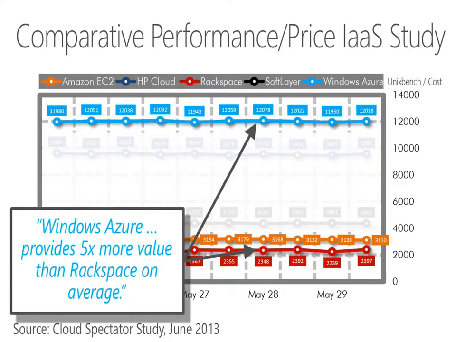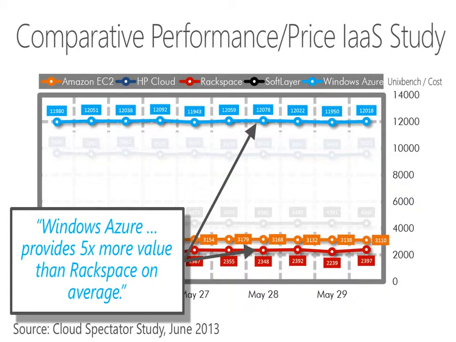And in terms of Rackspace, they found that because of Windows Azure's lower cost, that it provided 5 times more value than Rackspace did in their testing on average. So some really good information on comparing these various cloud platforms from Windows Azure to these other clouds. You can find the full details at Cloud Spectator's site in their full study.